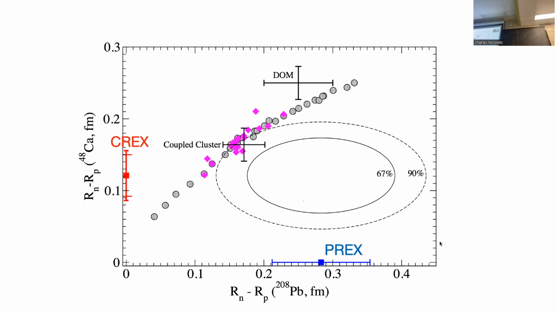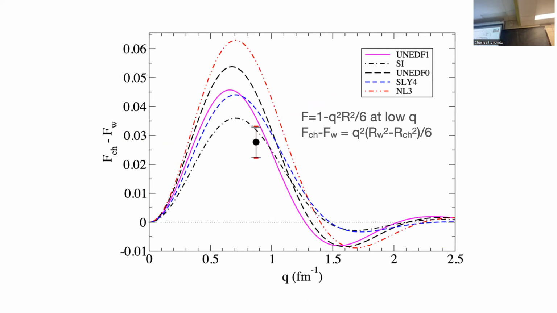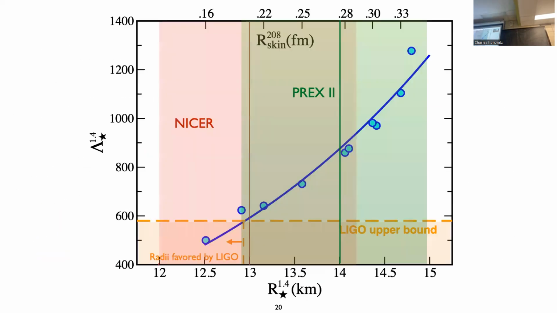Yes, so if we're looking at finite nuclei, it doesn't show up here, but it could have showed up in this comparison. NICER and LIGO, those measurements are at high density, and PREX is at low density. So one of the ways to explain why LIGO is a little bit lower than PREX is there's a phase transition that makes it softer.